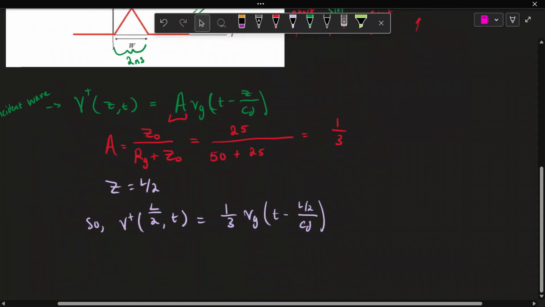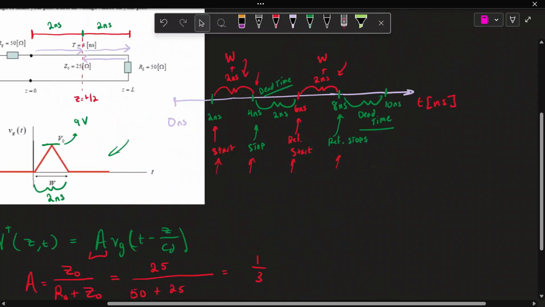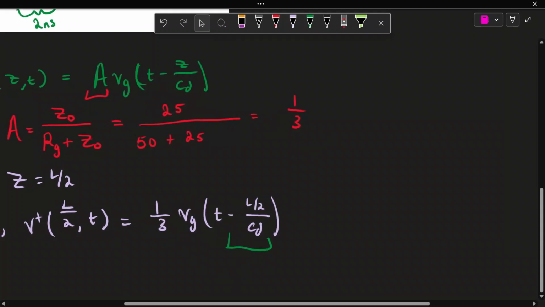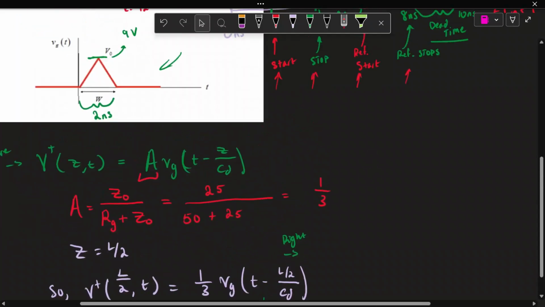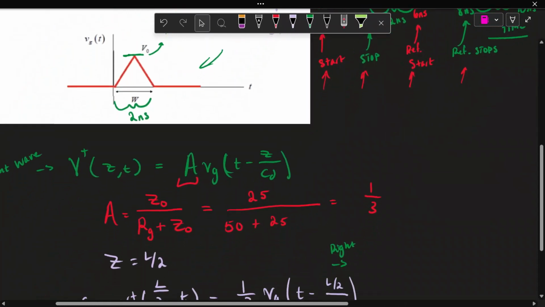Time shifts here, minus. So we have a time graph here. A time shift of t minus, you're moving what? Right, so you're moving right. For the incident wave, we moved right how many nanoseconds? Well, to start, we moved right 2 nanoseconds. So that is what you're going to put here.